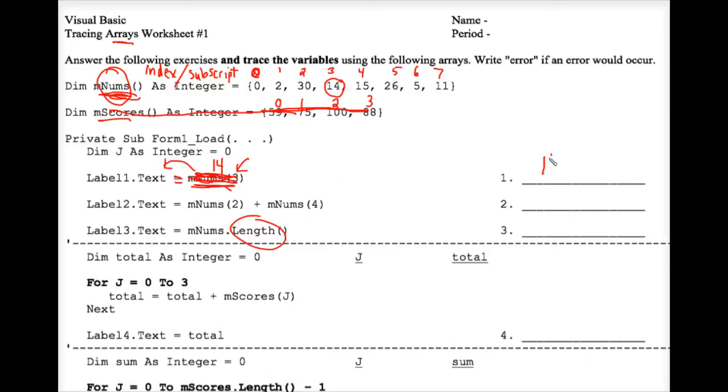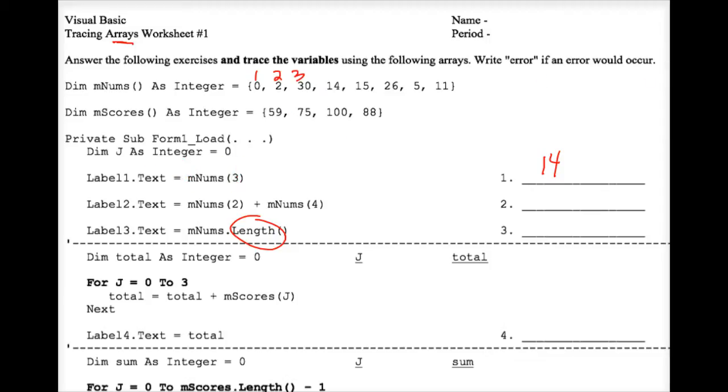So it's very clear that a 14 shows up in the label on the screen, not the number 3. And don't be misled and think that the number 30 shows up, because while the number 30 is the third number that you see, 1, 2, 3, don't make the common mistake that because there's a 3 in the parentheses, you should be taking the 30.